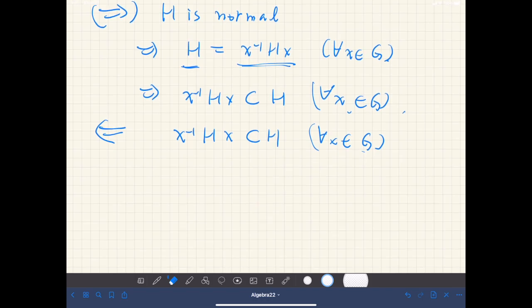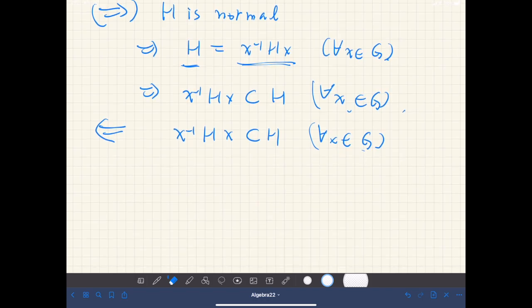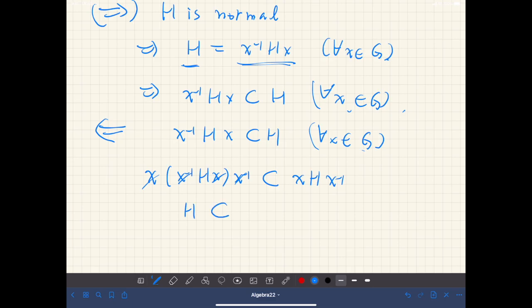And conversely, suppose we have x inverse Hx is a subset of H for all x. Then if we multiply both sides by x from the left and by x inverse from the right, we have x H x inverse, and this will cancel, this will cancel. So H is a subset of x H x inverse.